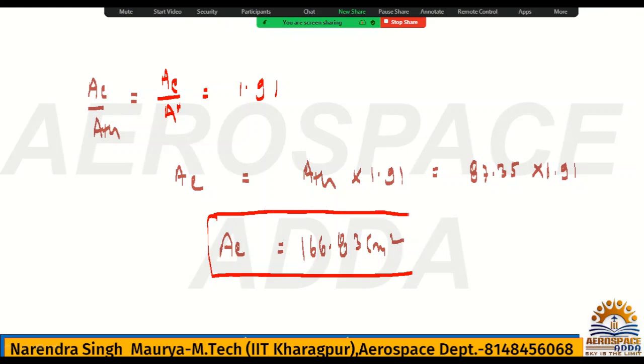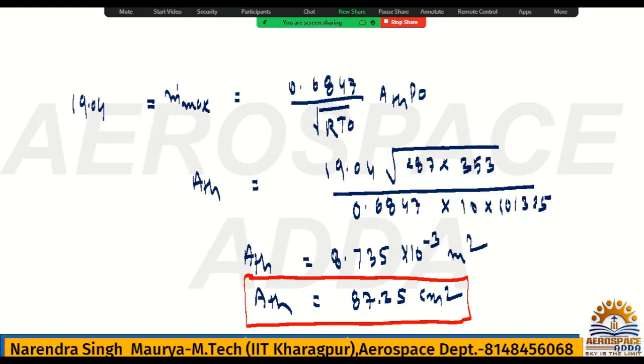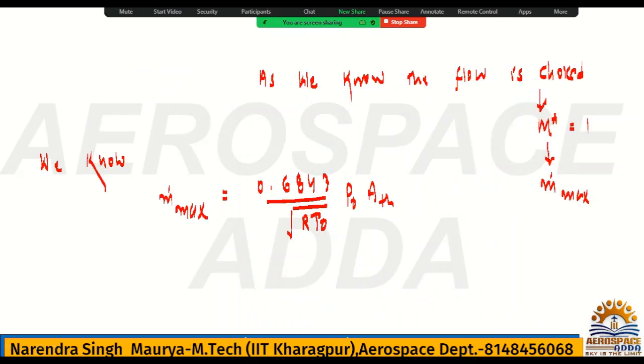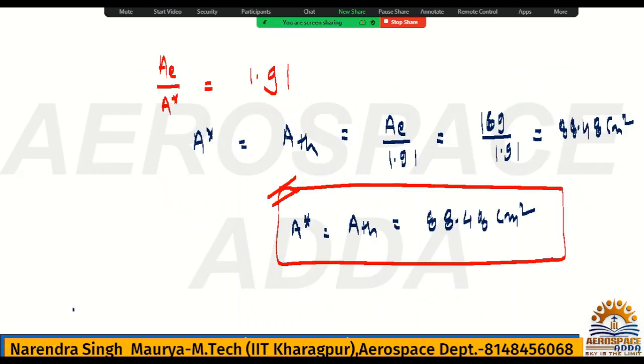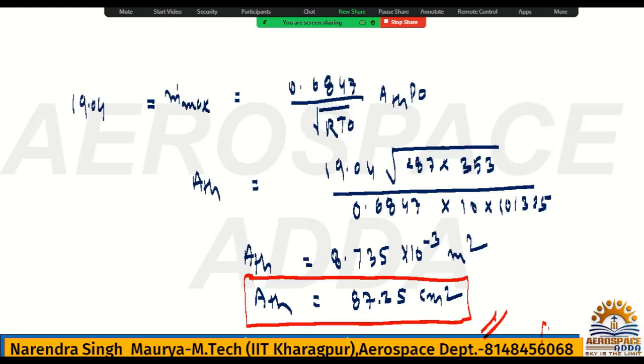This is the exit area, and this is the throat area by another method. This is the second method you have used. Now check your previous method: the throat area you got was 88.48, and here you are getting 87.35, which is very close.